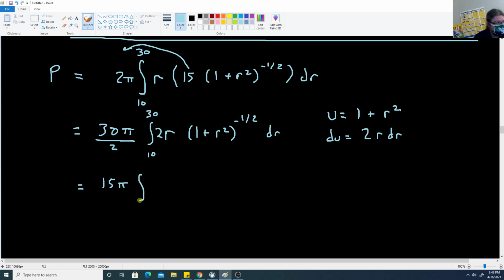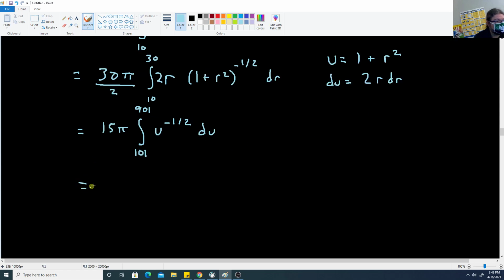I'm going to get new limits of integration because I'm swapping out to u's now. I'll have u to the negative 1/2, and 2r dr becomes du. To get my new limits, let's do 10. 10 squared is 100, 100 plus 1 is 101. When I put 30 in, 30 squared is 900 plus 1 is 901. So we are down to here. When I integrate this, it's going to go to u to the positive 1/2.